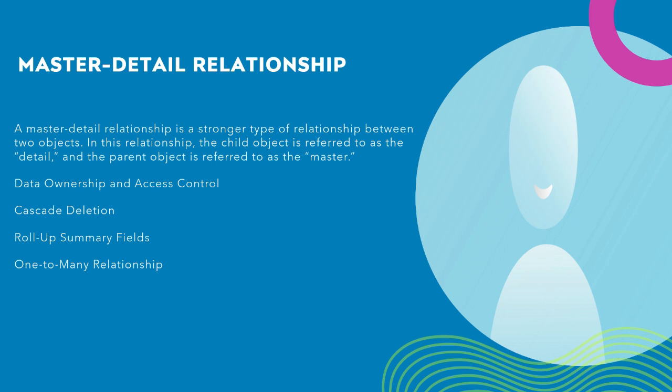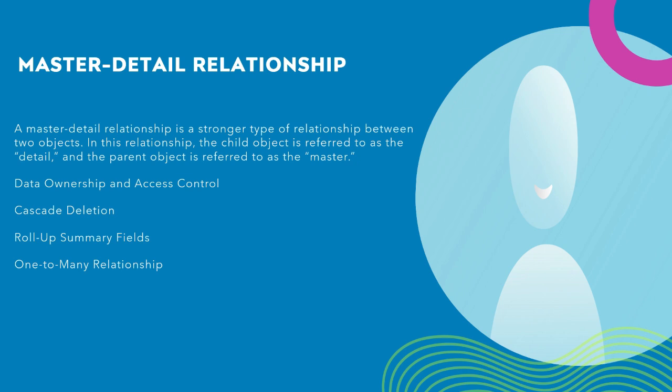Okay, and these are the features: data ownership and access control will be done by the parent. And we have a feature called cascade deletion. We are going to see in the demonstration part that if you delete any parent record, all the associated child records will be deleted.